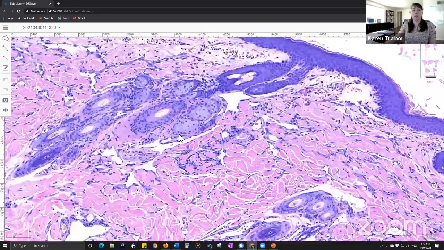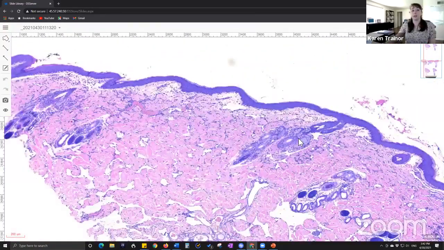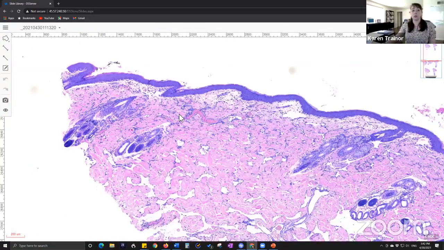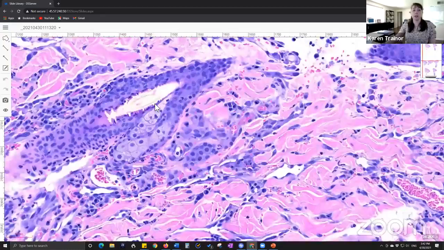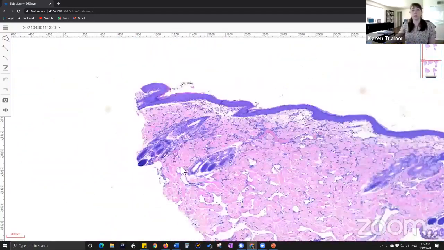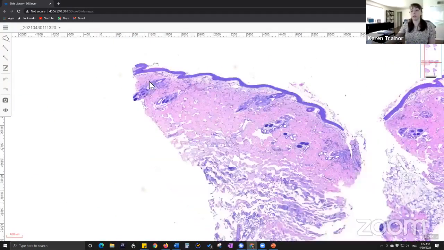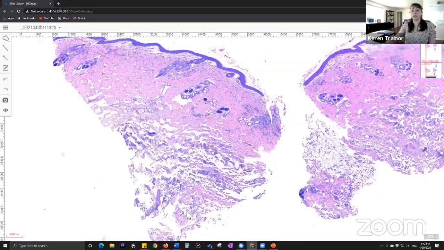Plus, I imagine this lesion is very uncomfortable for this cat and that there's probably some self-induced trauma and licking. We do see some breakage of hair shafts. So there is some self-induced trauma, and probably that's where some of the pyoderma is coming from. That is something that we occasionally see in this case.